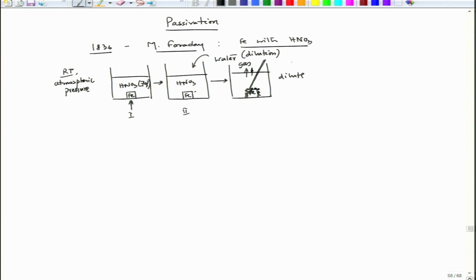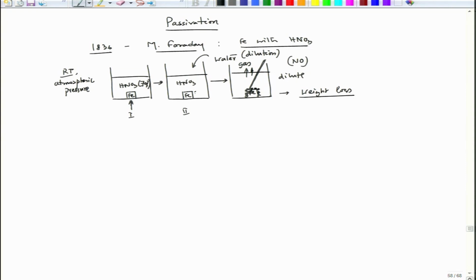If you analyze this gas, you will see it is nothing but NO, and we see weight loss, and this weight loss is substantial.